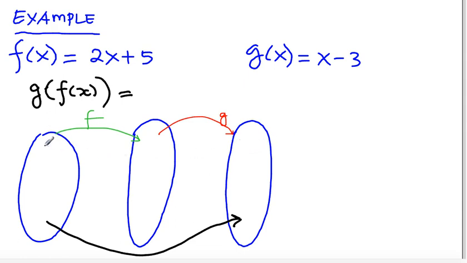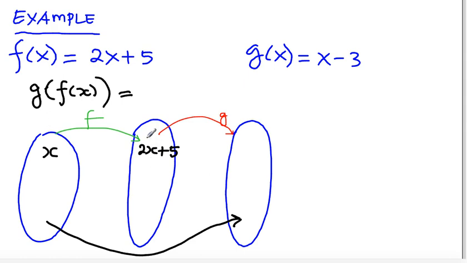So if I go from x here, any number, and I use the rule of function f, then its image, the partner of x, or the image of x to be precise, should be itself times 2 plus 5. So according to function f, the image of x should be then 2x plus 5, right?